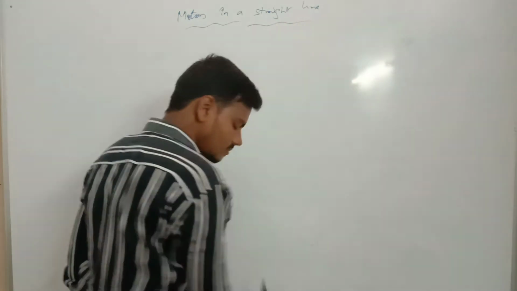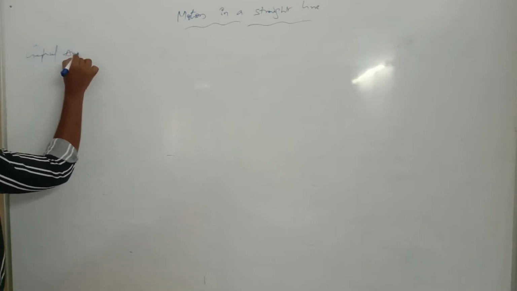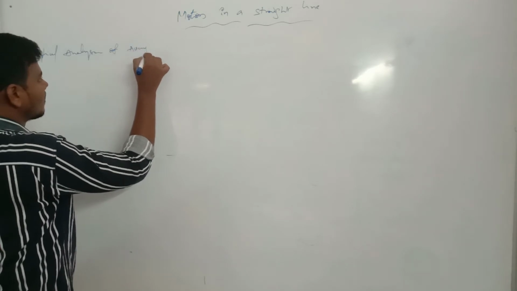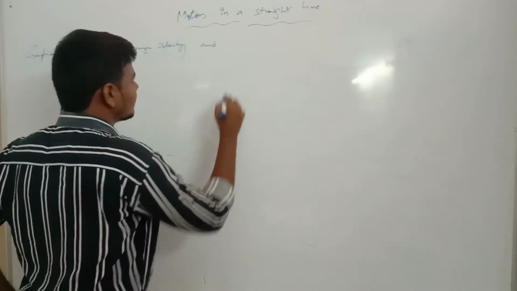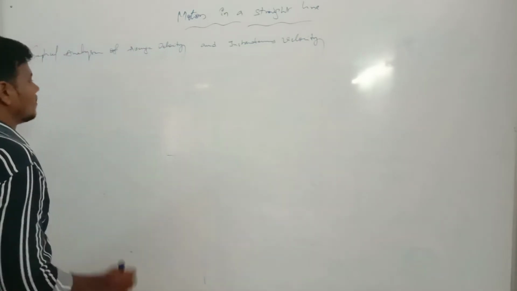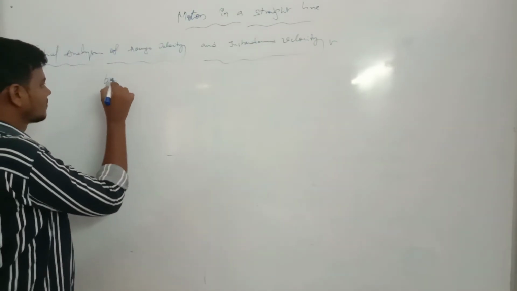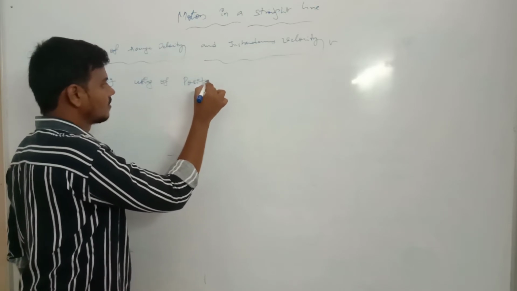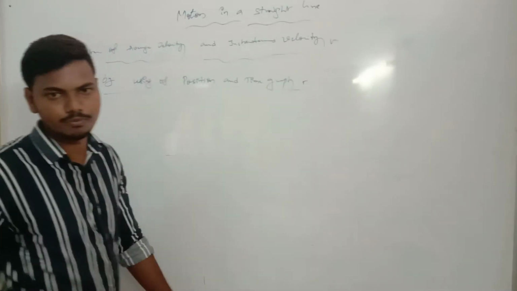Graphical analysis of average velocity and instantaneous velocity, by using the position and time graph.